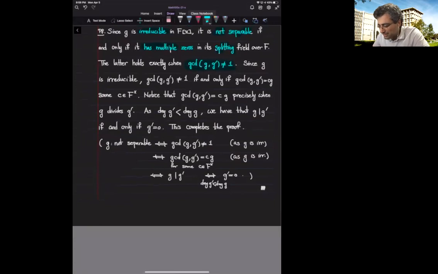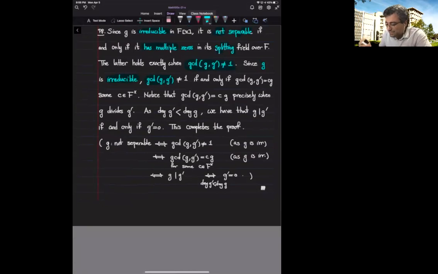Because G is irreducible, when I tell you a polynomial like this one has degree at most the degree of G, and it divides G, then it should be some unit multiple of G. It should be the same degree because G is irreducible.